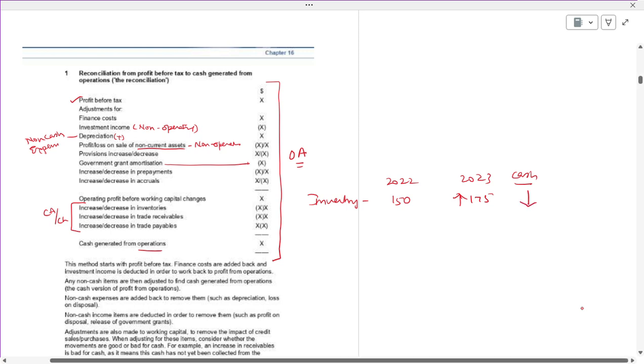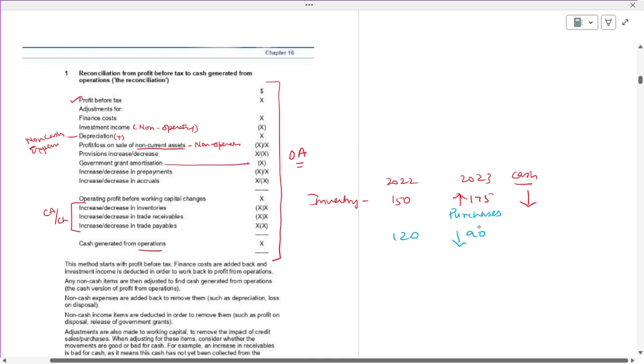When it has increased, it means we have made purchases. Now inventory was 120 and has decreased to 90.